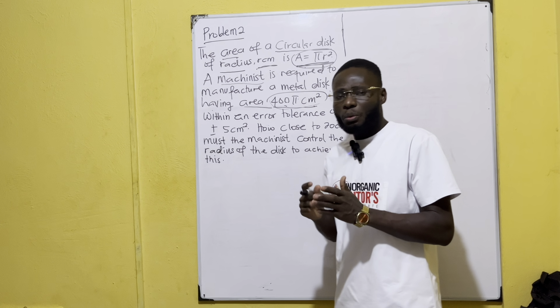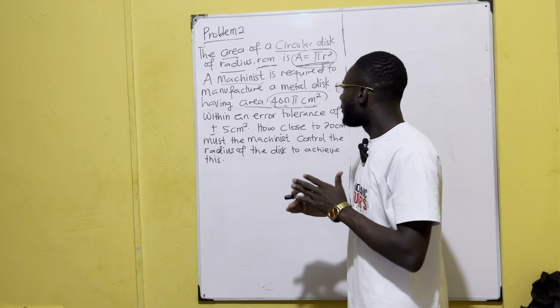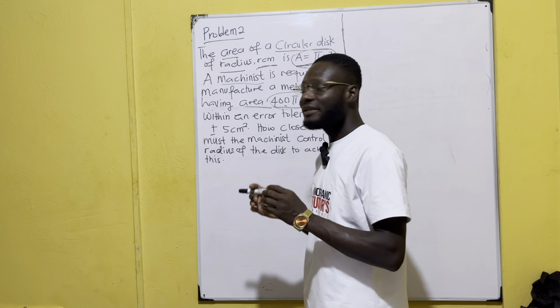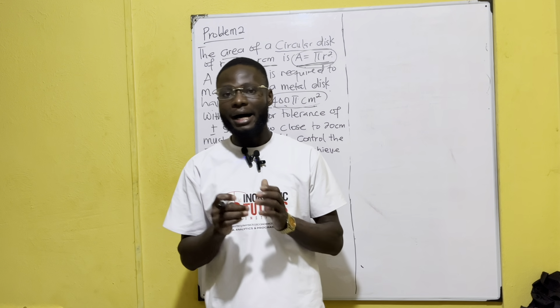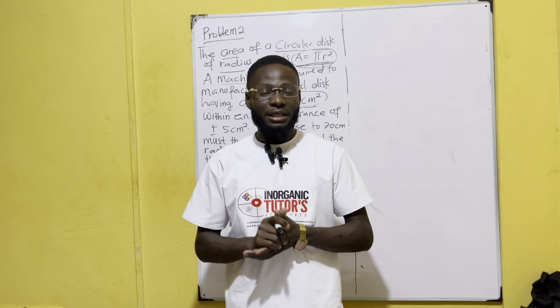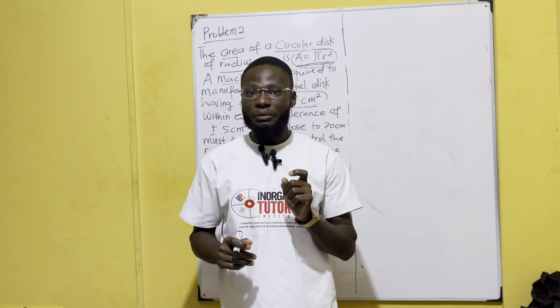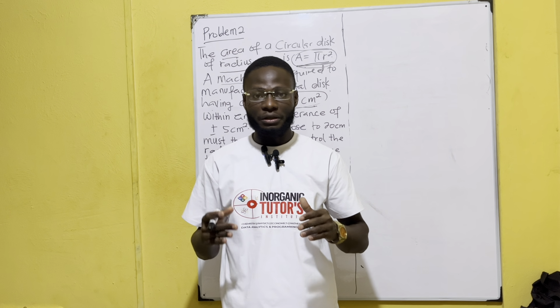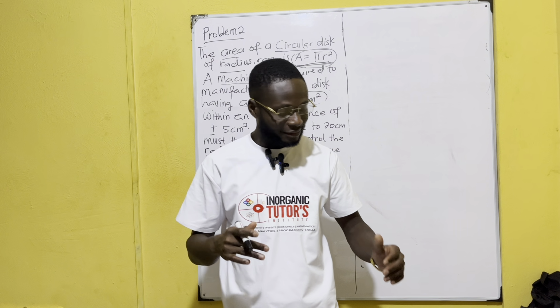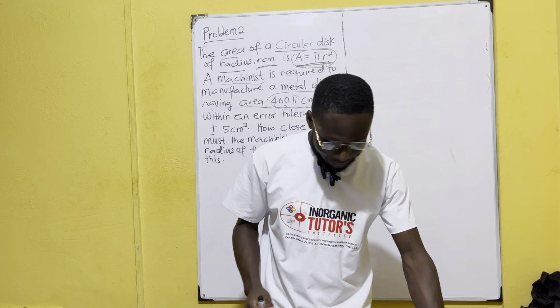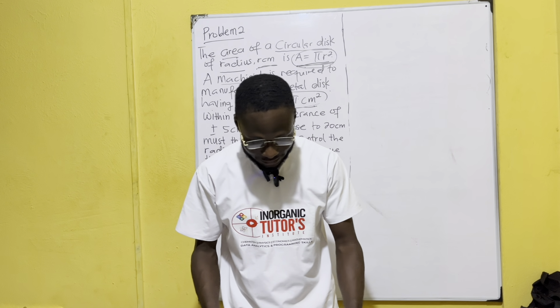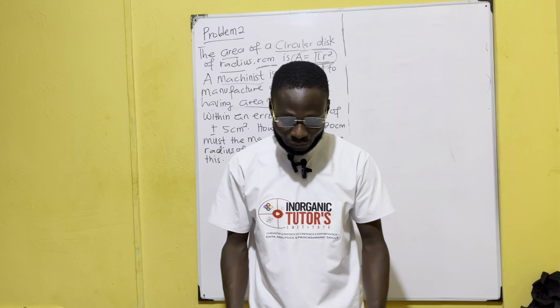So they want to manufacture a metal disc having an area of 400 pi centimeters squared within an error tolerance. You know, when we talk about error tolerance, we are trying to minimize the problems, the challenges, the errors, right?